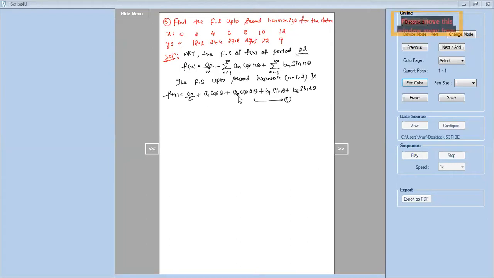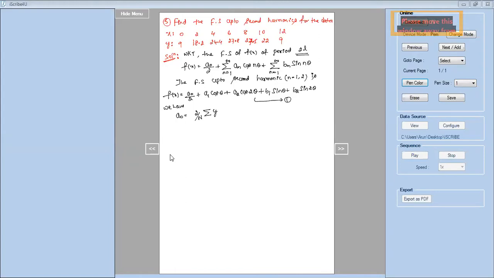Now this a0, a1, a2, b1, b2 are the unknowns. If we calculate them and substitute, we get the answer. To calculate them, we have formulas. The expression for a0 is 2 by capital N into sigma y.